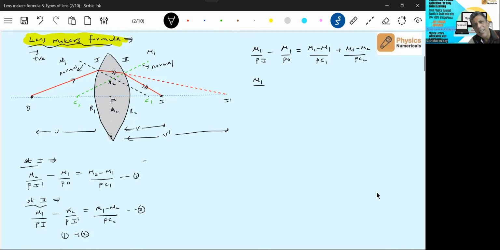Now what to do is we have to replace these values. So as usual, 1 by PI minus 1 by PO equals mu2 minus mu1 by mu1, 1 by PC1 minus 1 by PC2.